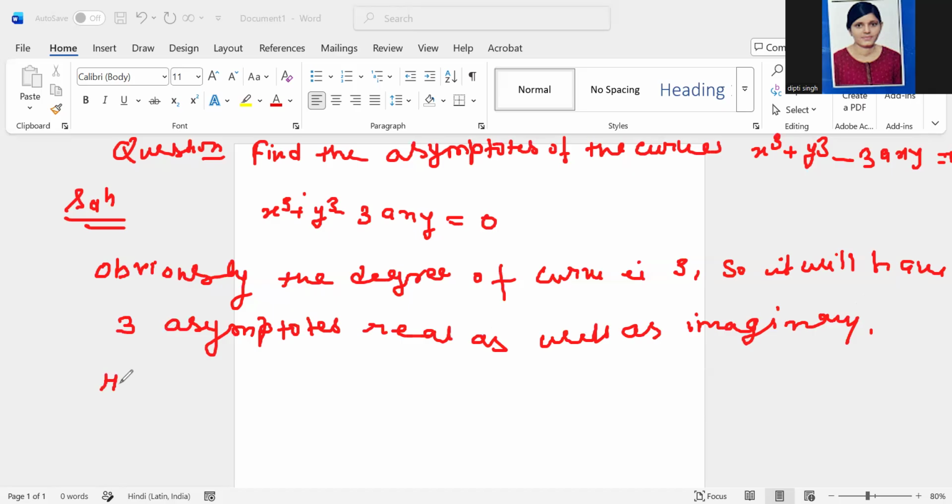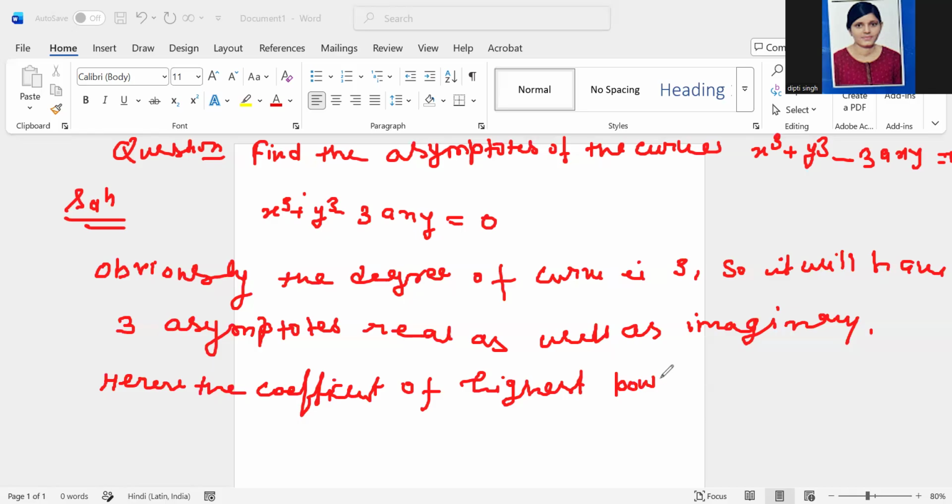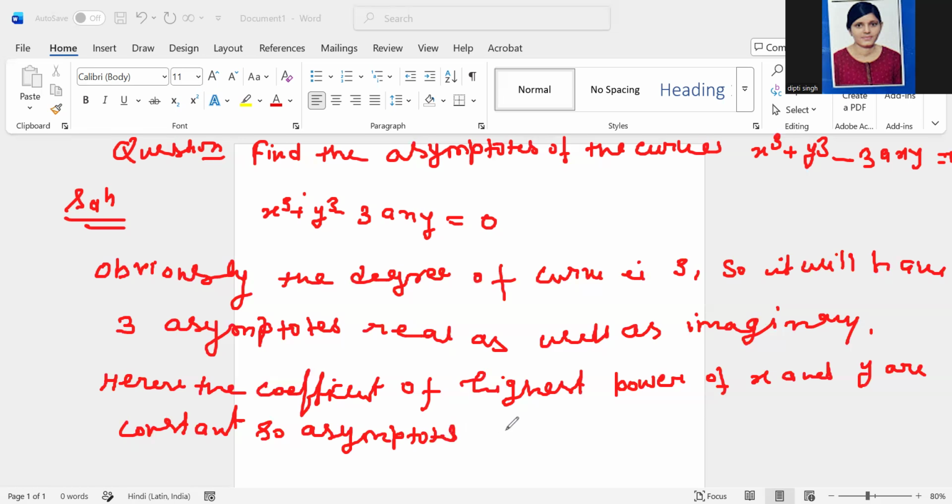Here the coefficients of the highest power of x and y are constant, so there are no asymptotes parallel to the coordinate axes.